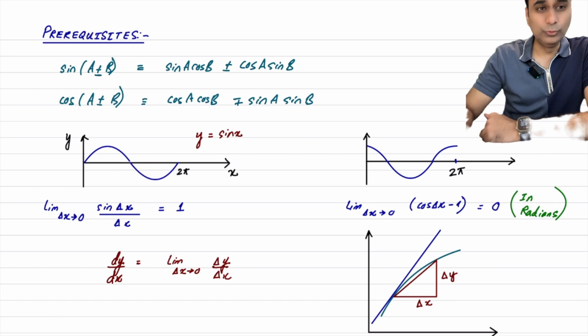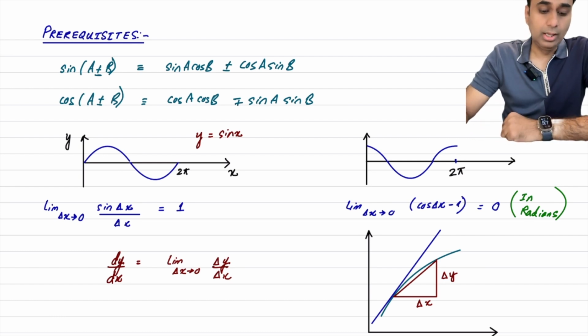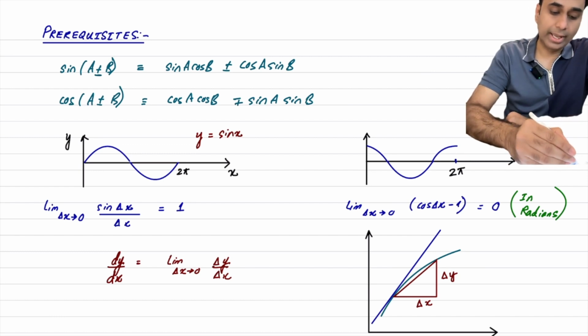Before we move on towards trying to prove the formula, we will have to identify a few things which we will be needing later on, which includes the compound angle formulas.